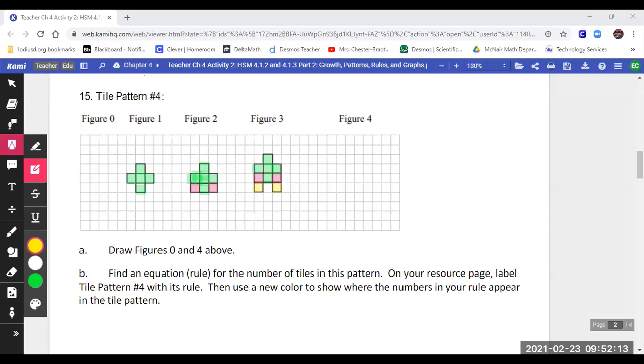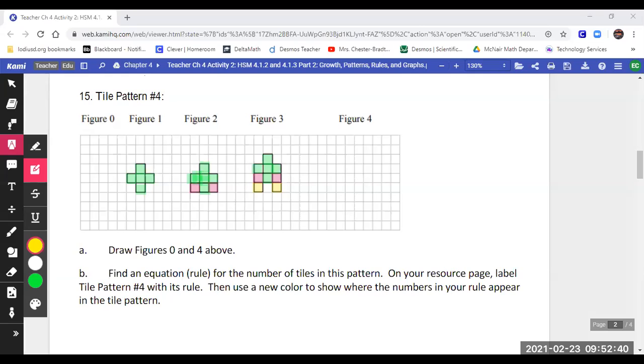Okay. 4 tiles have been added from figure 1 to figure 2, because that's what we're asking about, figure 1 to figure 2, not figure 1 to figure 4. Okay, figure 1 to figure 2, we added 2 tiles below the left and right of the plus sign, right?